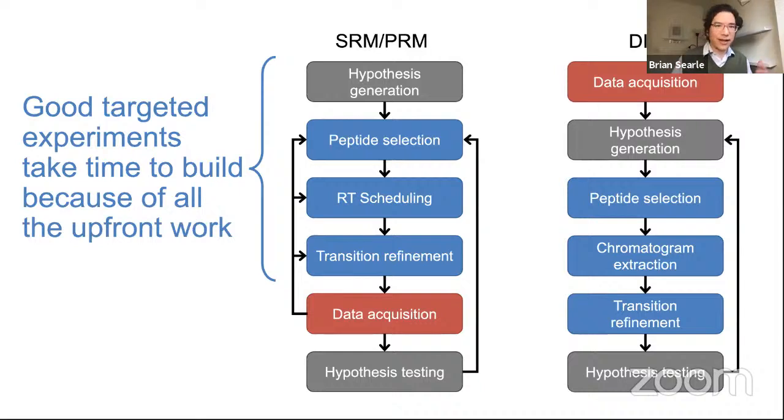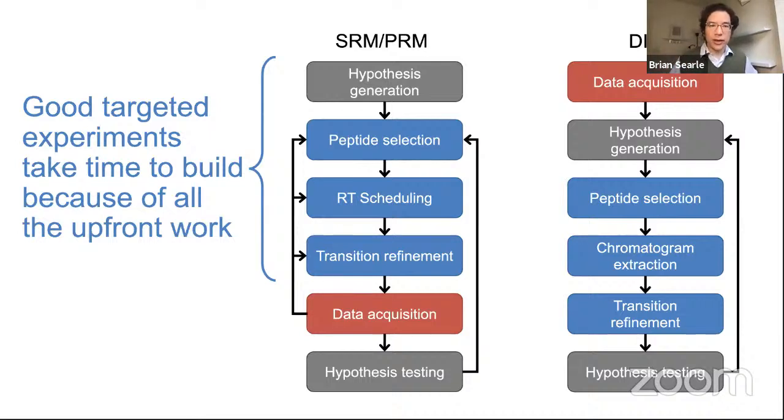With DIA, we actually have this interesting alternate problem, which is that we can acquire data up front. We don't even need to think about which peptides we are interested in monitoring, because we're collecting across all of the peptides from 400 to 1200 or 400 to 1000 m/z. Then we can come up with our hypotheses, do our peptide selection and chromatogram extraction.